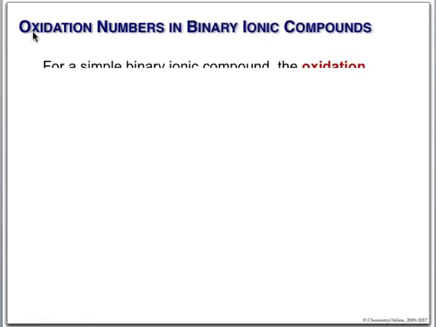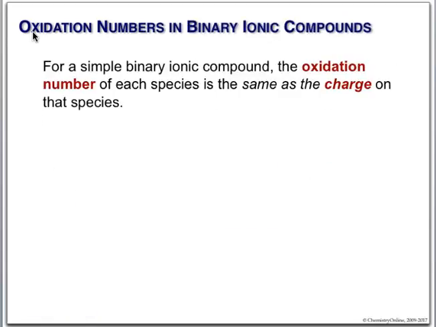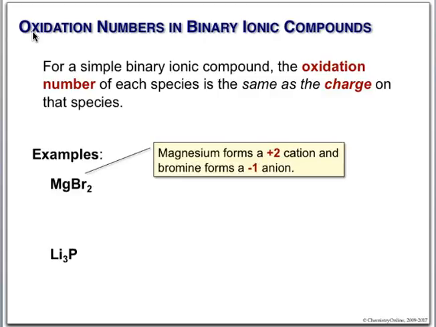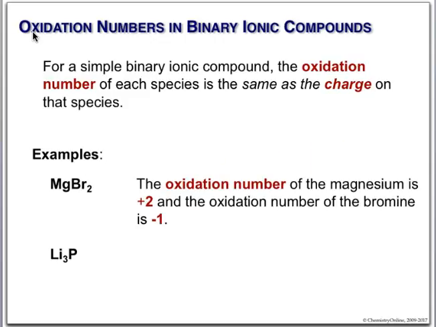So, if we're dealing with a simple compound here, magnesium and bromine. The charge on the magnesium is +2. Charge on the bromine is -1. In terms of oxidation numbers, we would simply say oxidation of magnesium is +2, bromine is -1.